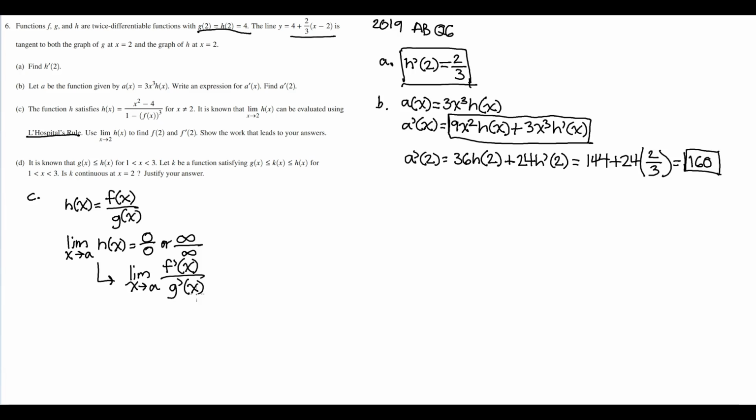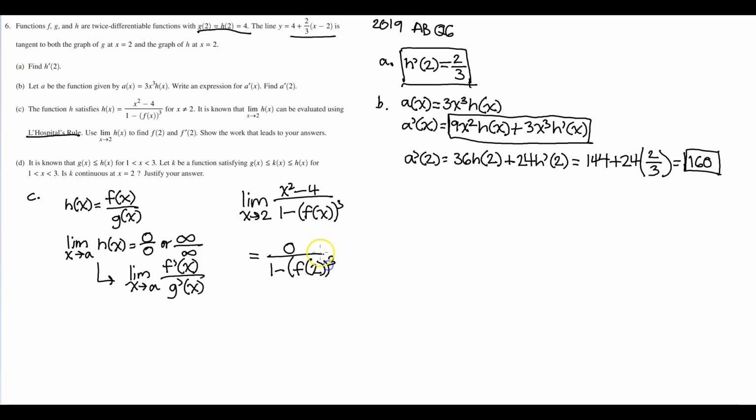So as x approaches 2, if we try direct substitution, the limit as x approaches 2 of x squared minus 4 over 1 minus f of x cubed equals 0 over 1 minus f of 2 cubed.